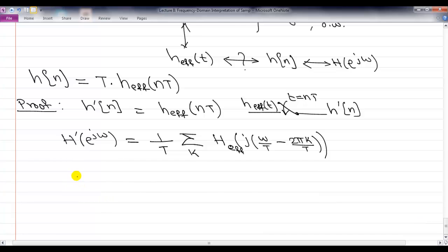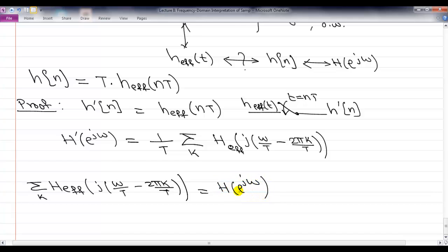But what we want is the relationship between the continuous time and the discrete time filters, that H_eff(j(ω/T − 2πk/T)) is equal to H(e^jω). Okay, so there is no scaling of 1/T.